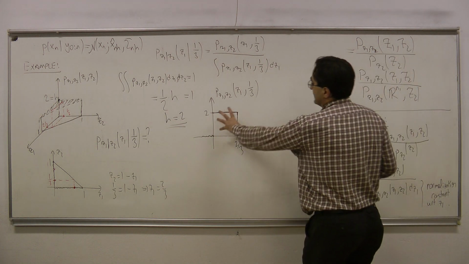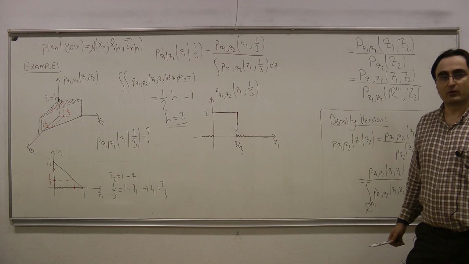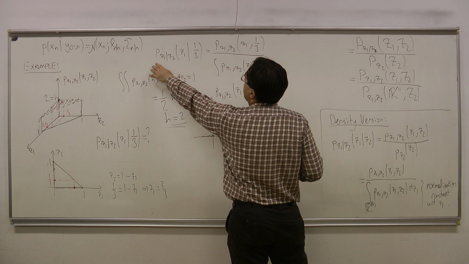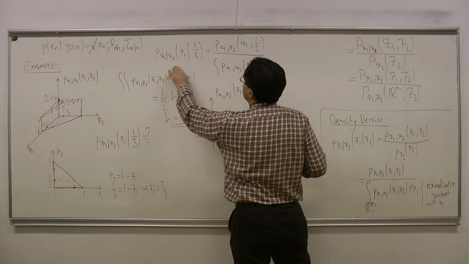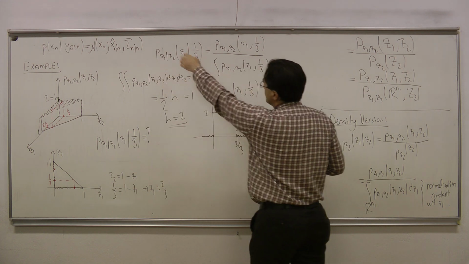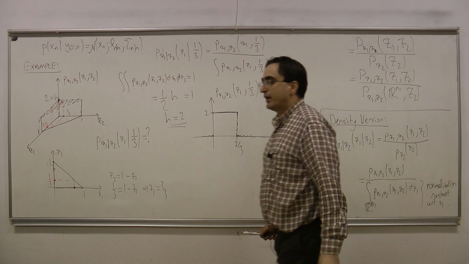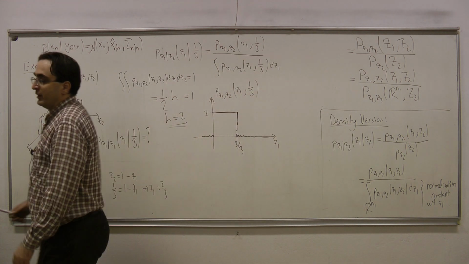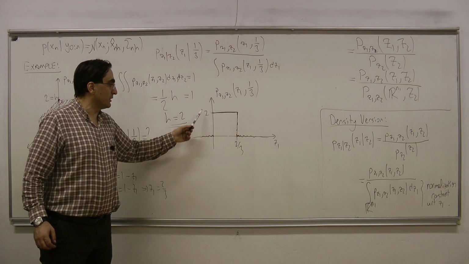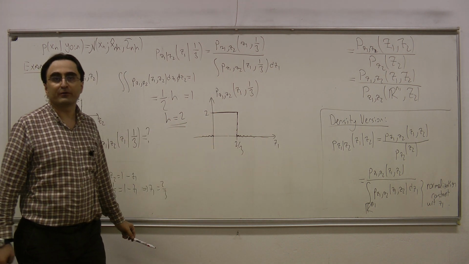But this is still not a density function for Z1. The thing that I want to calculate is a density function for Z1, so the integral of that quantity with respect to Z1 should be equal to 1. But the integral of this function is 2 times 2 over 3, which is 4 over 3.